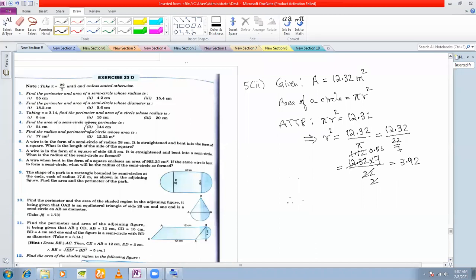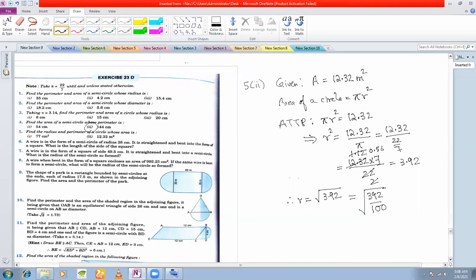So therefore, what is r here? R here is square root of 3.92, which can also be written as root over 392 by 100.